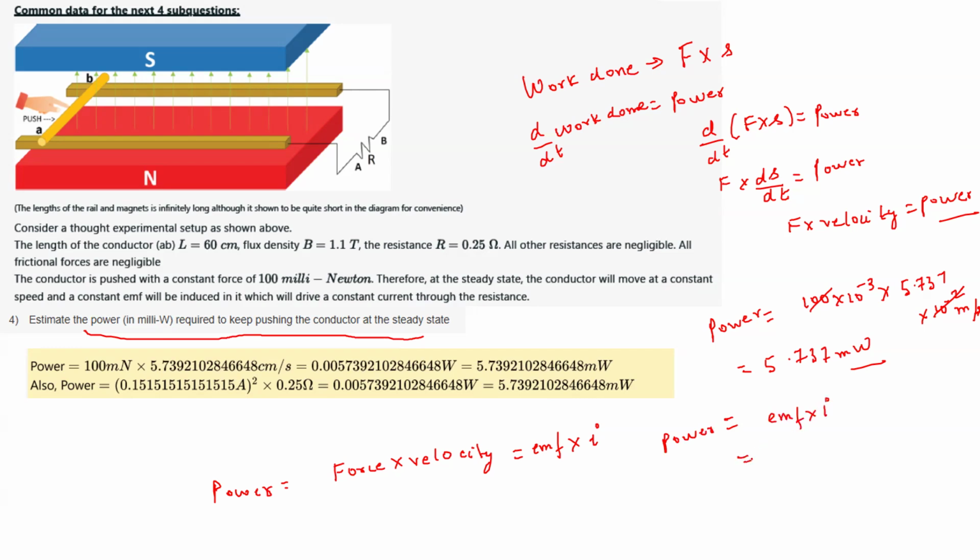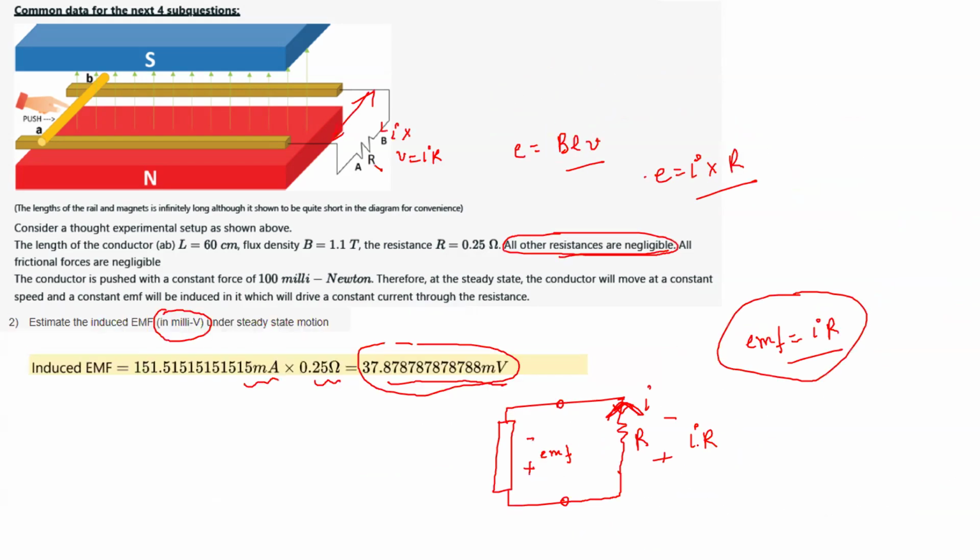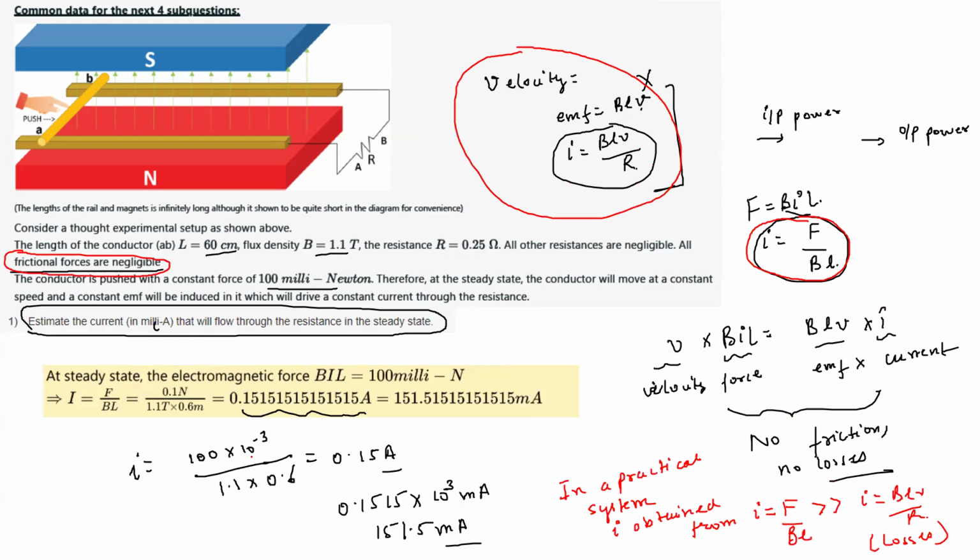And as I said, because there is no loss, input power is equal to output power. Input power is basically BIL, which I wrote here, right? So input power is equal to output power in this question.